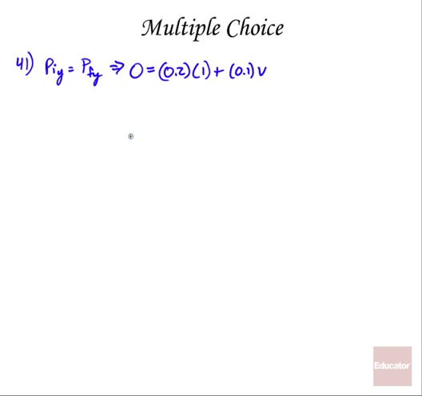So that's a pretty easy equation to solve. 0 equals 0.2 plus 0.1 v, which implies then that 0.1 v equals negative 0.2, or therefore v is going to be equal to negative 2 meters per second, where all that negative means is it's downward. So the correct answer must be A, 2 meters per second downward.